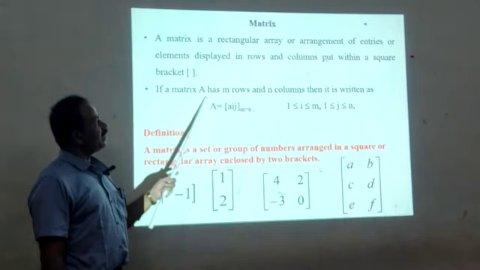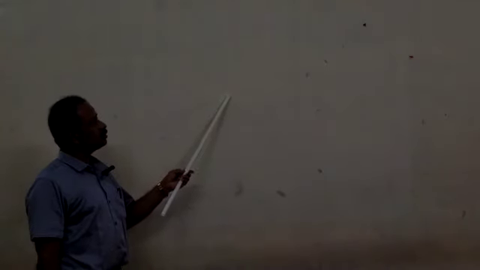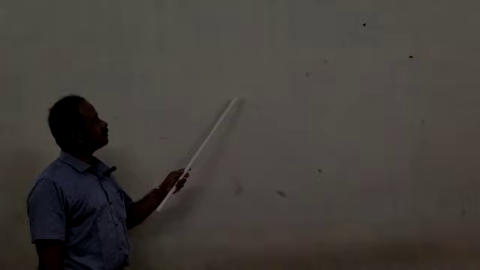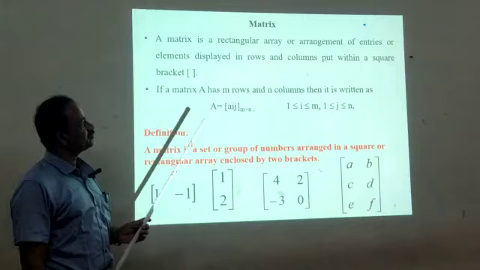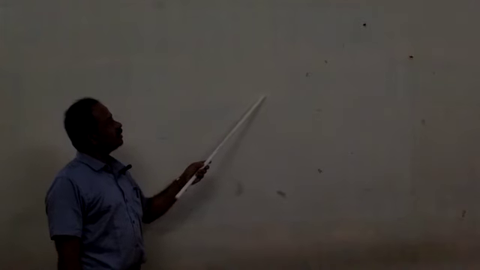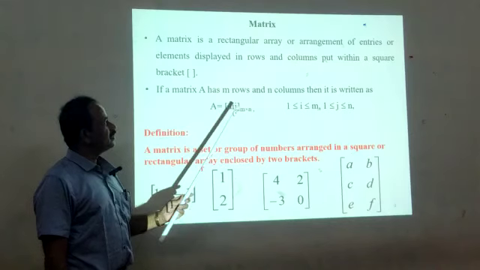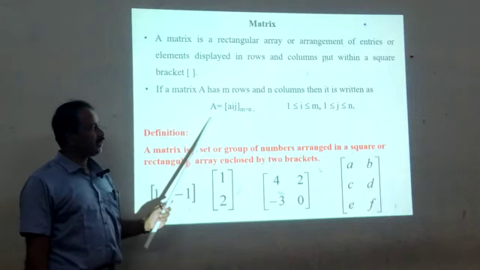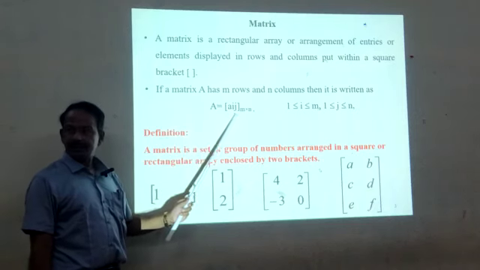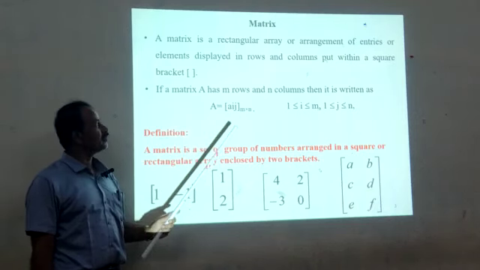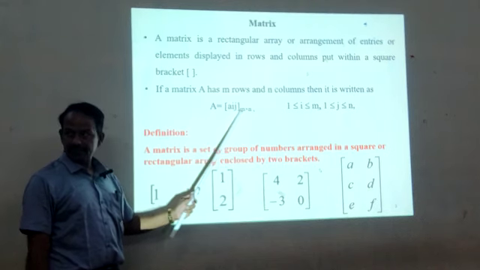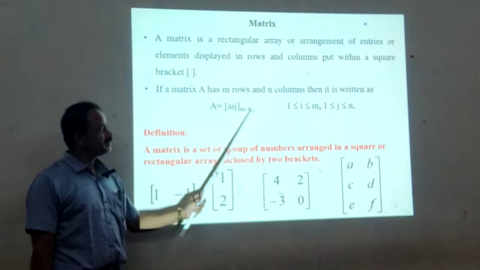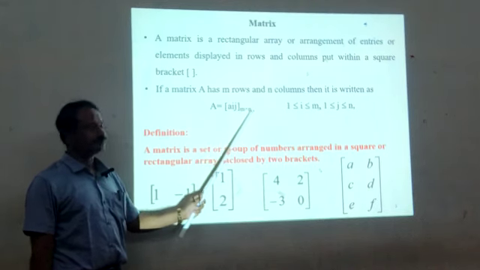If a matrix A has m rows and n columns, then it is written as A equals Aij, m by n. So the first index is known as row, the second one is known as column.